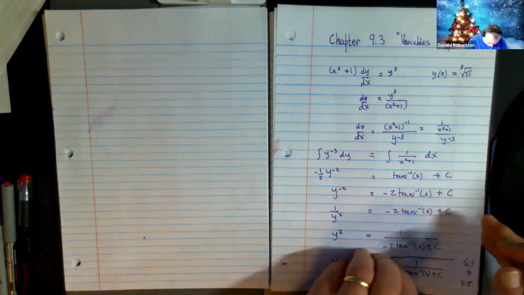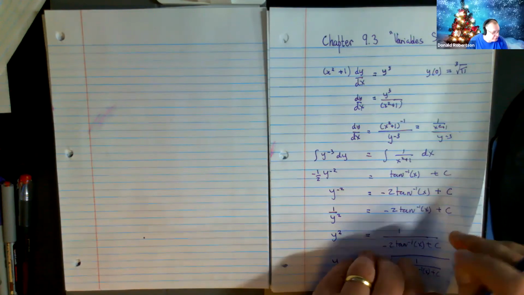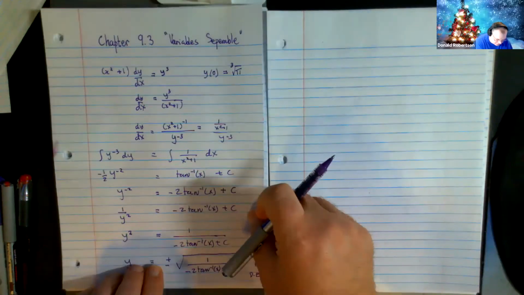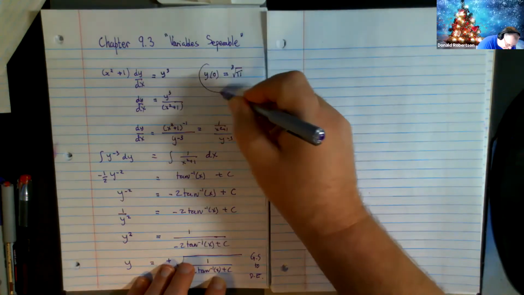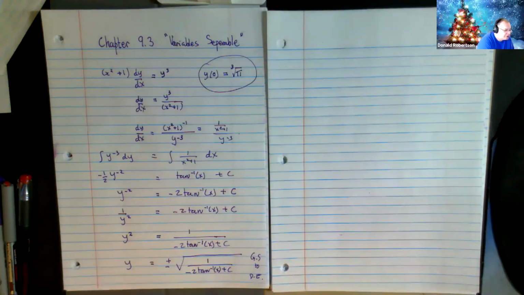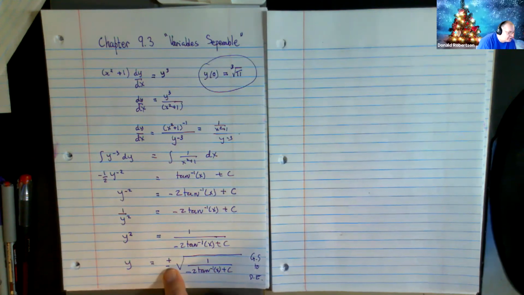Well, in a lot of questions, that would have been the finish. But we have a boundary condition, sometimes called an initial condition. And that guy's job is quite straightforward. Isn't that guy's job to tell us what number plus c is? And it's probably also going to tell us whether it's the plus square root or the negative square root that we're going to use. Great.